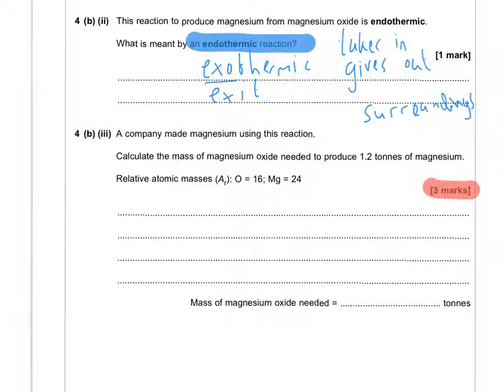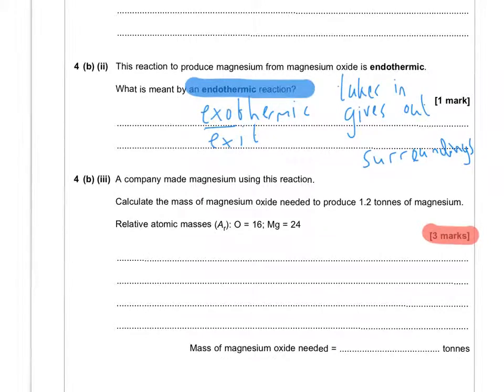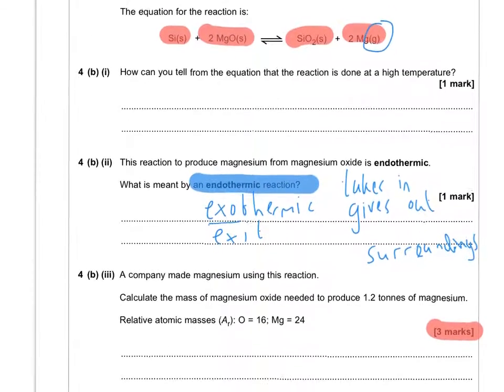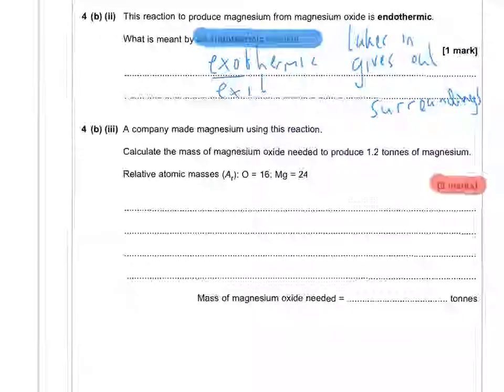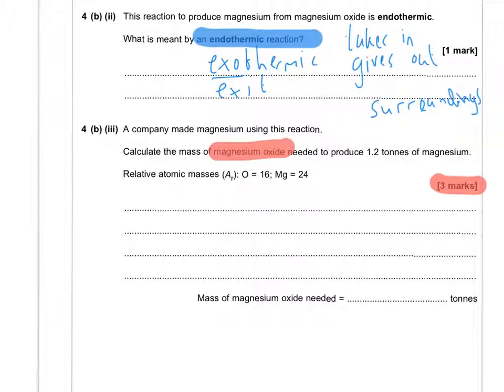So, I think the first thing to do is to probably... Actually, it tells us in the question, yeah. Calculate the mass of magnesium oxide to produce 1.2 tons of magnesium, and it does give us the relative atomic masses.